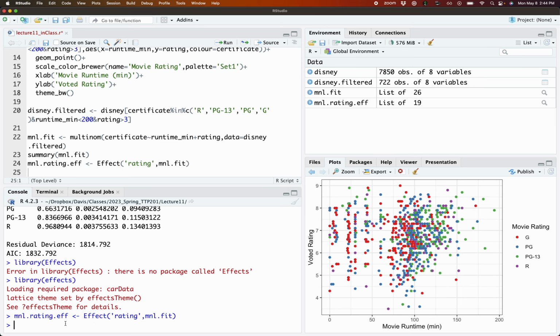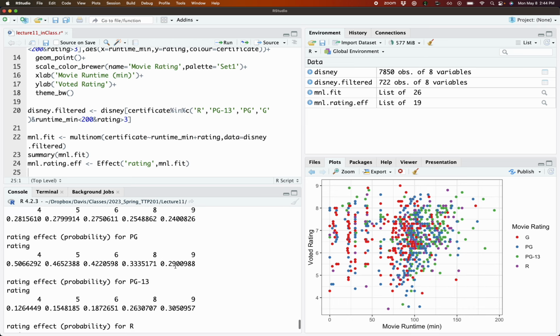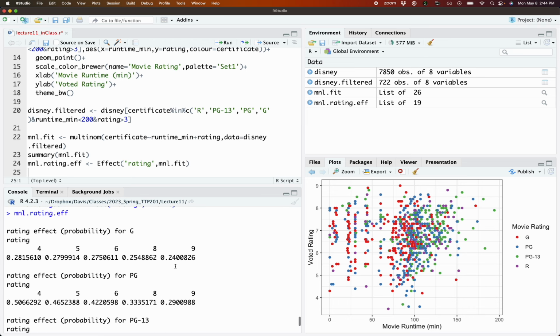And if we take a look at what gets spit out, it looks across the range of values. So if we look at rating, we have going from essentially 3 up to 9.